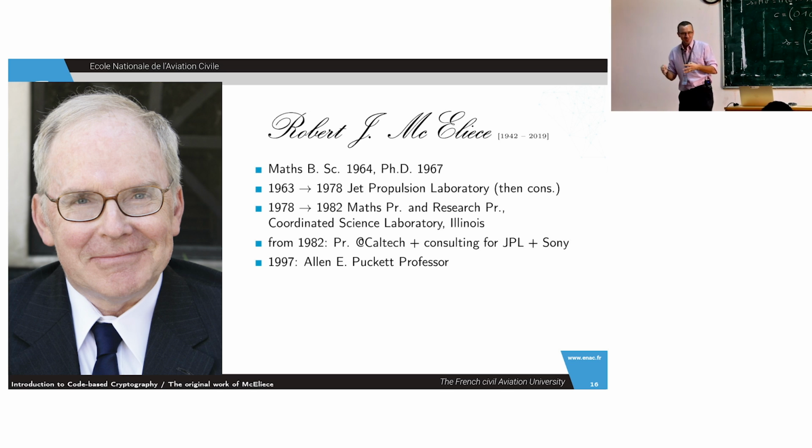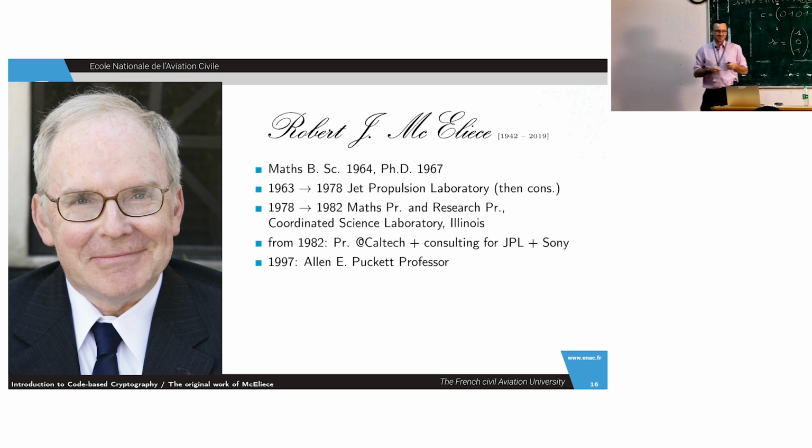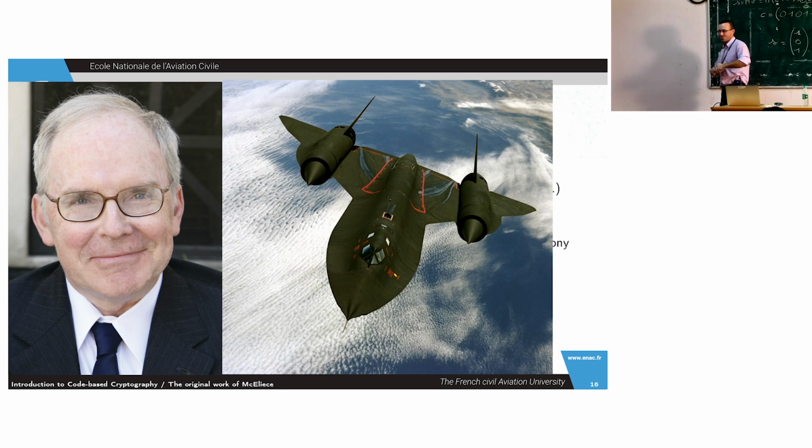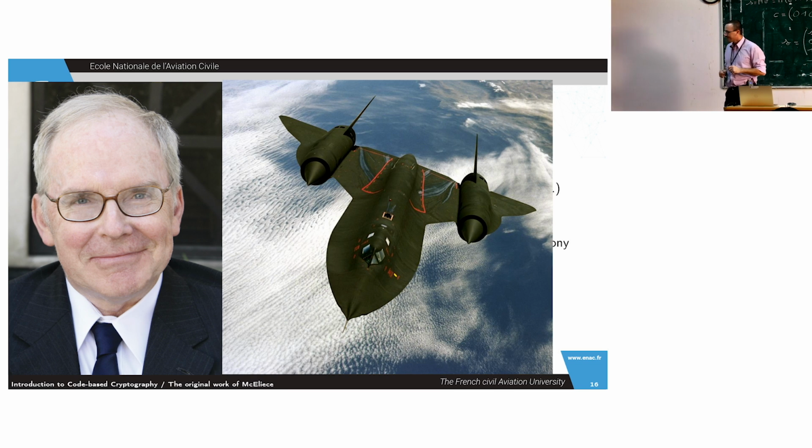As I didn't know Allen E. Puckett, I did some research, and it happens that he contributed to designing a kind of plane called delta wing planes. And as I work in civil aviation, I thought, oh, it's super cool. But anyway. He was a professor until the end of his life.